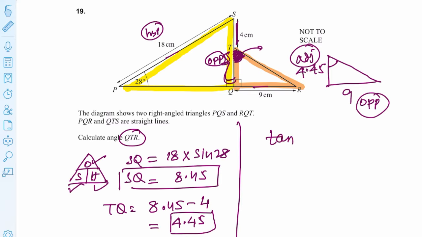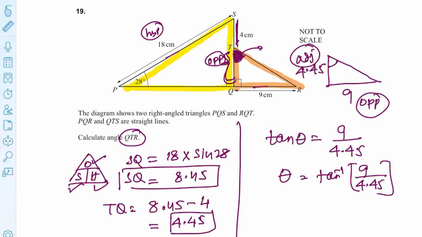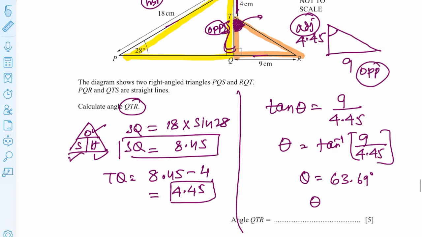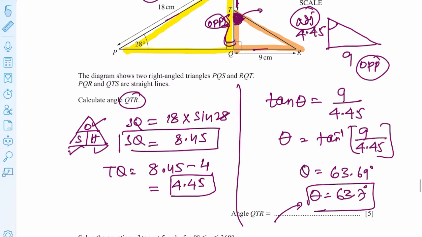So tan theta equals opposite over adjacent, that is 9 over 4.45. Theta equals tan inverse 9 over 4.45. When you put the value in the calculator, you might get 63.69 degrees, or up to 1 decimal place we can write 63.7 degrees. Okay, this is the angle QTR. Got it everyone? Please check this properly.